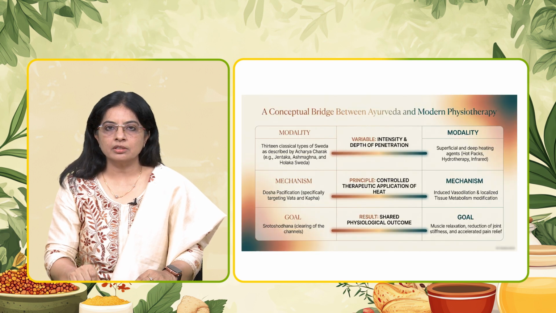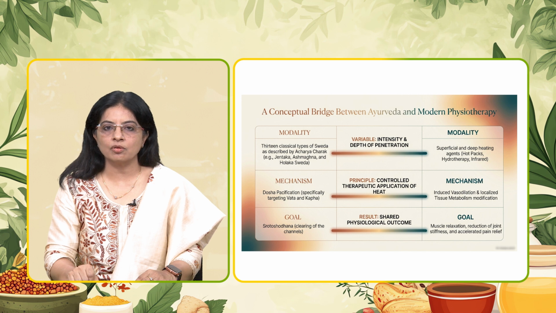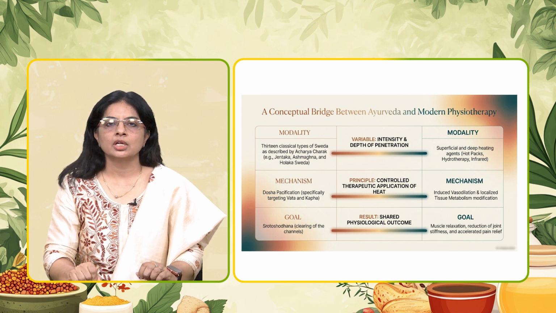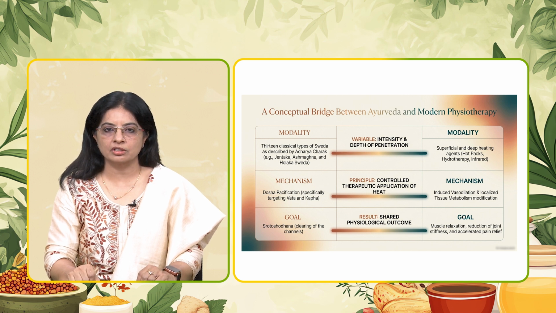Now, Swedan and modern thermotherapy: the basic principle is the same, that is, controlled therapeutic application of heat. Acharya Charak has described 13 types of Swed such as Jentak, Ashmagan and Holak Swed. These methods differ mainly in the intensity and depth of heat produced. In modern physiotherapy, this can be related to superficial and deep heating agents.